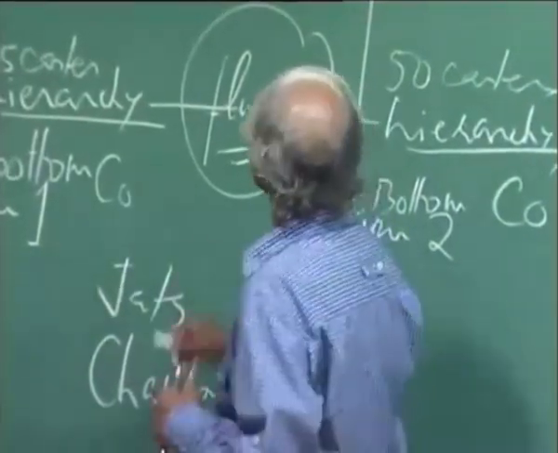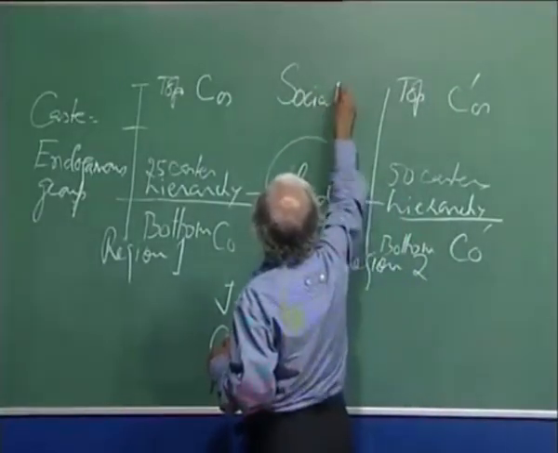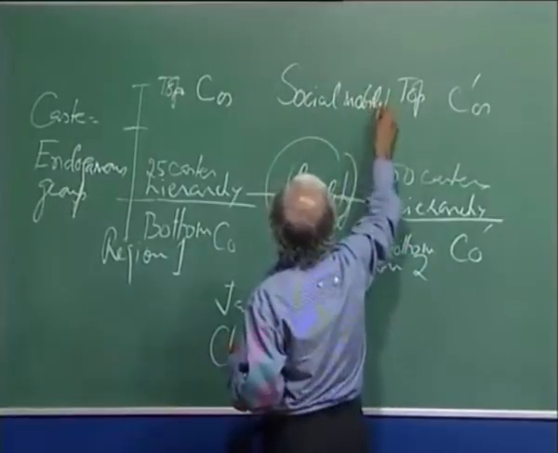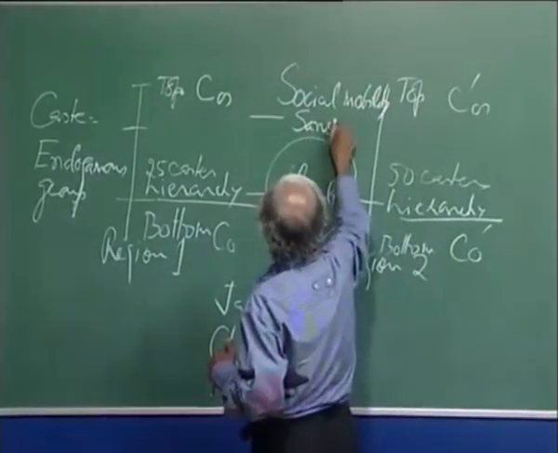The model of social mobility in India took the form of Sanskritization.